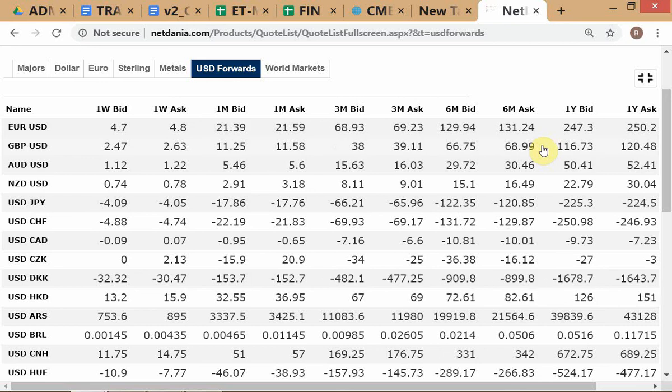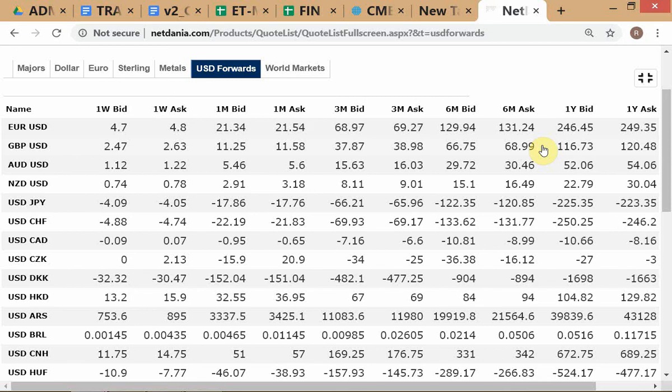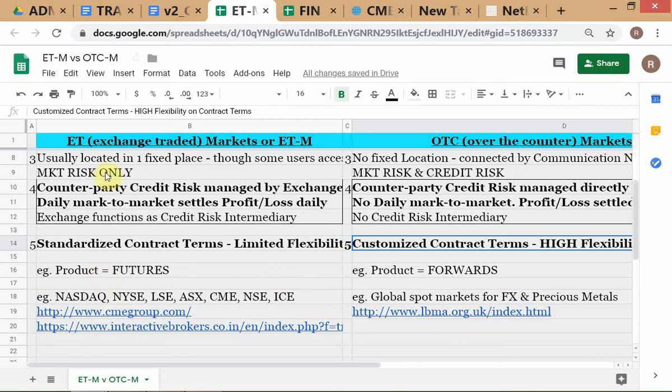Another thing to understand: forwards are an OTC product. Although there is a commonality in the case of both forwards and futures, where you see multiple prices for different maturities, there is one important difference. Futures are an exchange traded product. This is there in your notes itself. Under ETM you see futures as an example, and under OTC you see forwards as an example.